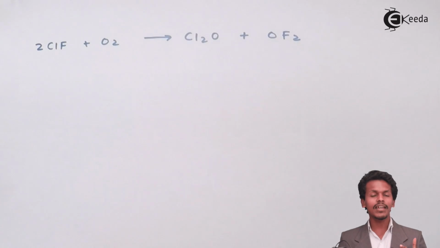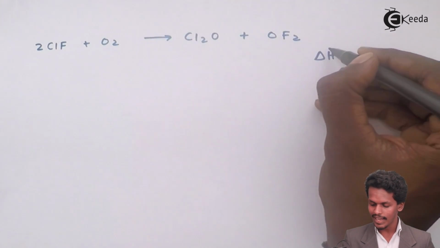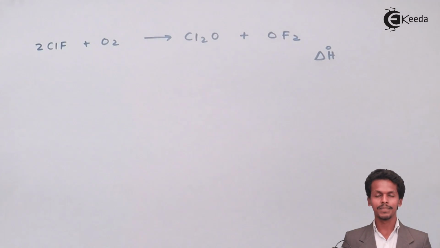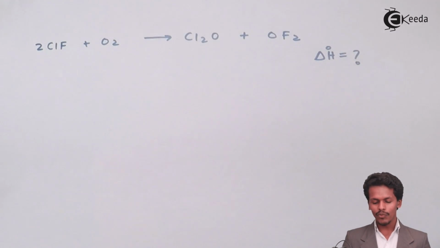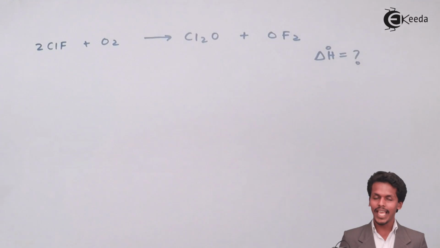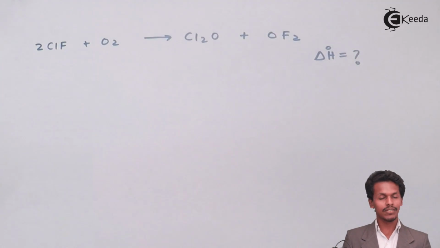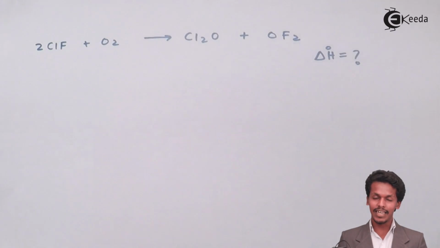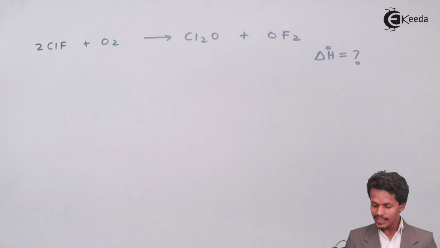In this case we have to calculate the delta H, or standard heat of formation, or enthalpy as we could say, heat of reaction. The data that we have is that 6 gram of O2, oxygen, absorbs 38.55 kilojoule of energy or heat.